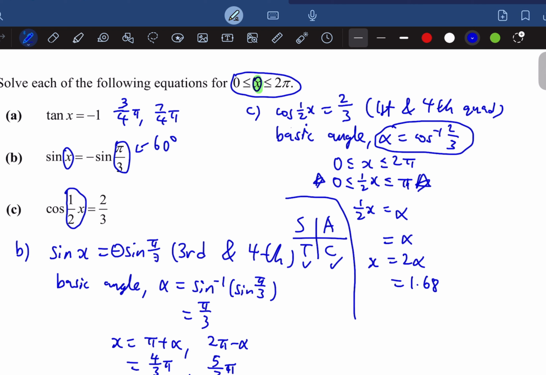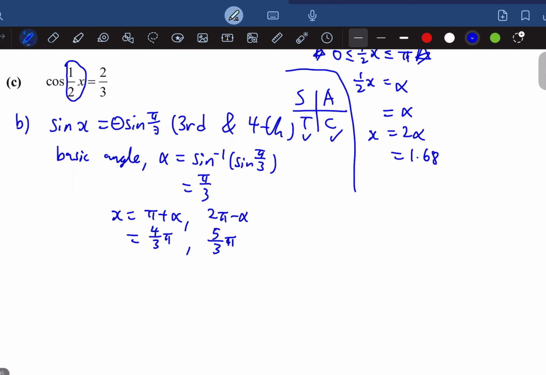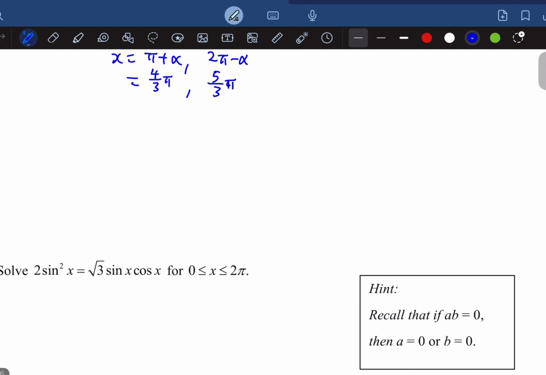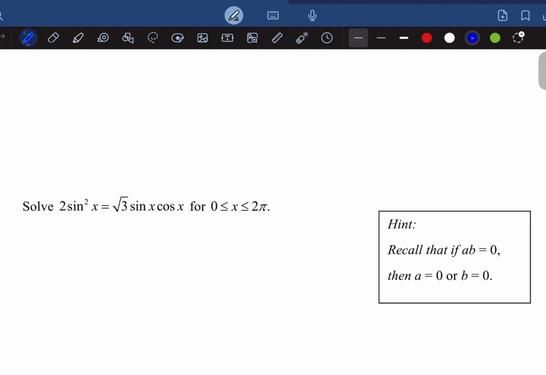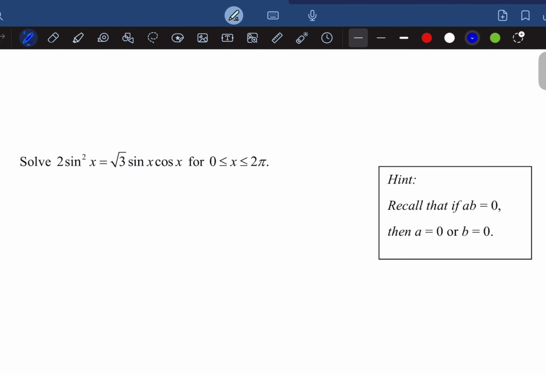So far, all the examples that I've gone through, if you didn't realize, I classified them as linear trigo equations or one term trigo equations. Now we'll advance to multiple terms trigo equations. What do I mean by that? Take a look. Next one. This is the type of question that we already test during assessment.